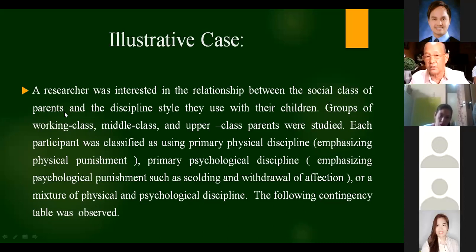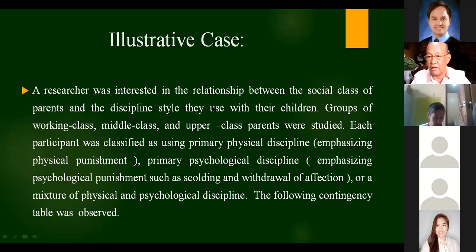The social class of parents may be categorized in terms of, let's say, very high, high, average, low, or very low. Or there may be other classifications. And then you are interested to find out whether it has something to do with the discipline style employed by the parents in disciplining their children.